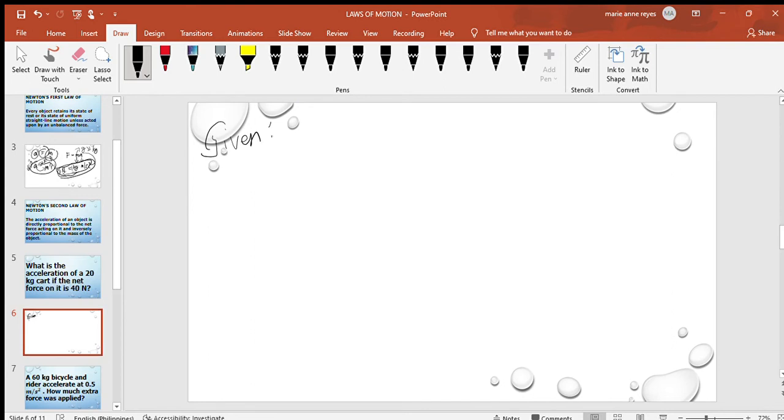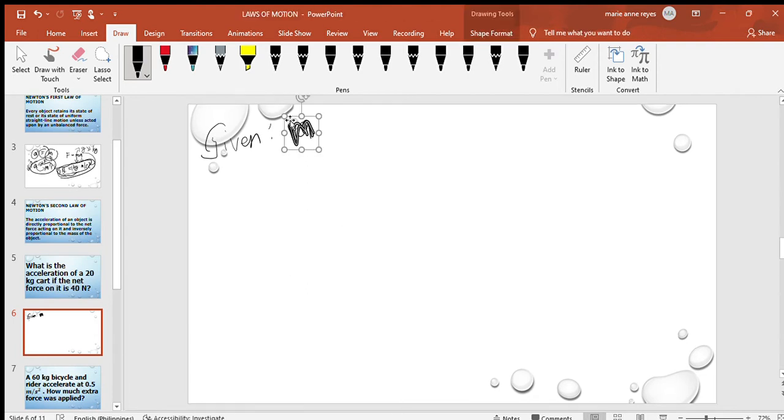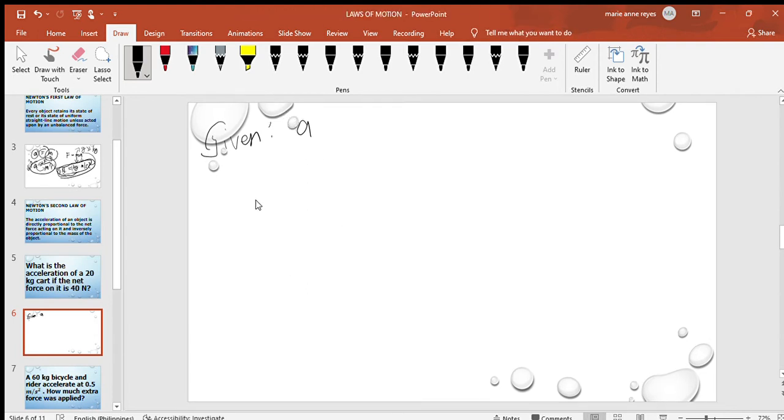We have the mass, which is equal to 20 kilogram. Next, we have a force. Our force is 40 Newton. Since nasa tamang unit naman sila, then we will proceed now to the computation. So the unknown, what we are looking for, is the acceleration.